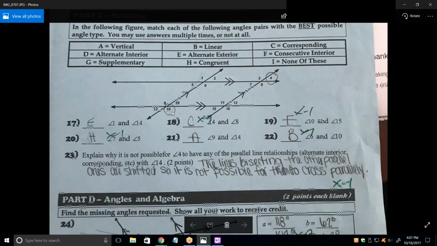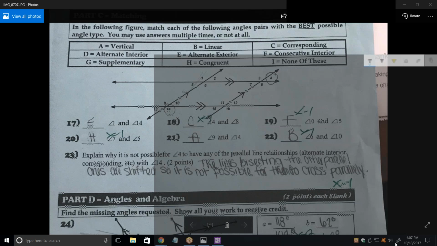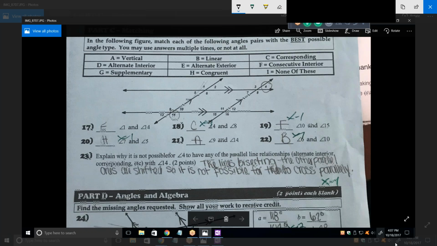Now, the only reason I can say that is because of this. I have to know that I have two sets of parallel lines. See those double parallel line markers? That means those two lines are parallel. See these single parallel line markers? That means those two lines are parallel.